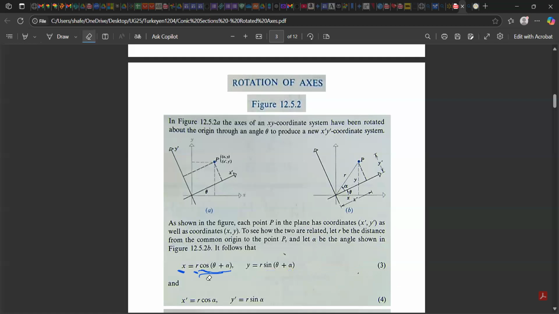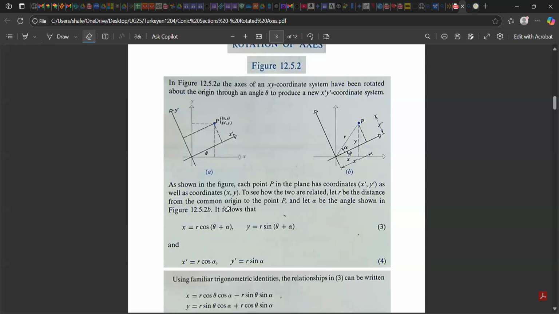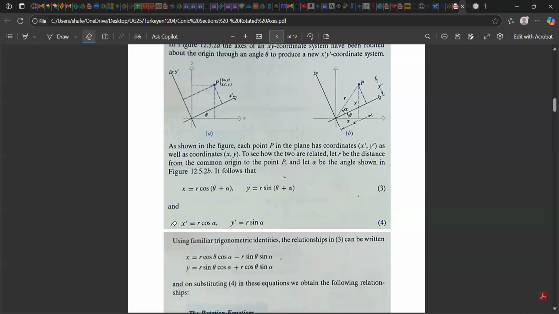So we got a little relationship there between x, the length of the line segment, and the angles, right? But now from that, we can see that x prime is going to be r cos theta only, right?